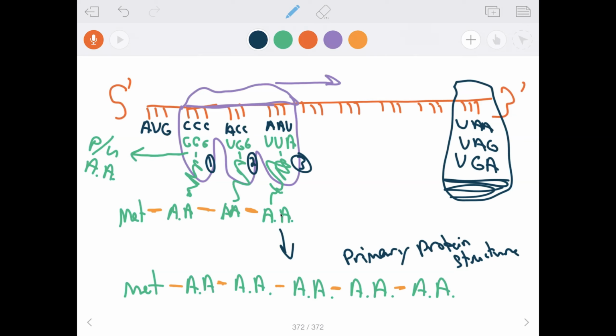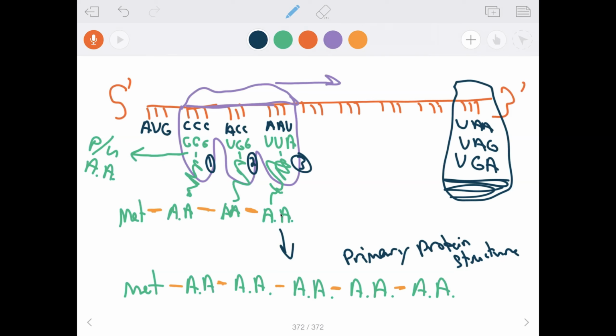Now, hopefully, you remember from earlier chapters that proteins are not functional when they're in their primary stage. I know I didn't go into it a lot, but I told you that proteins have to do something very specific. They have to fold.